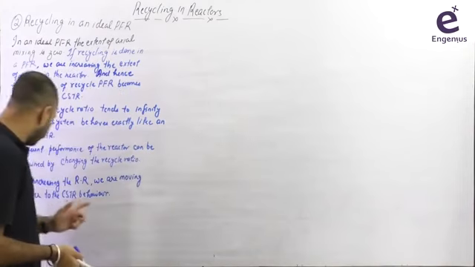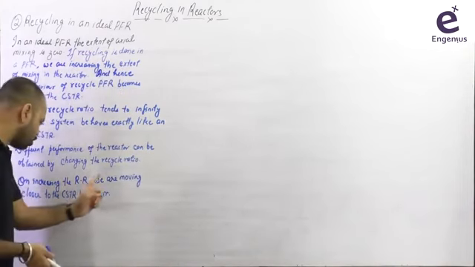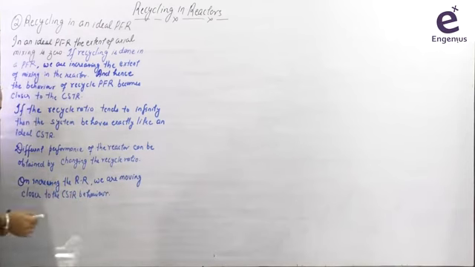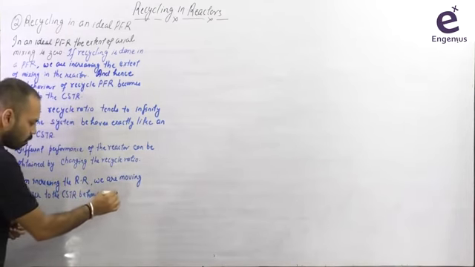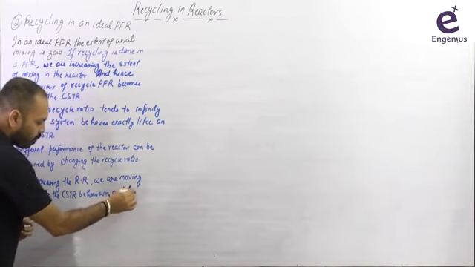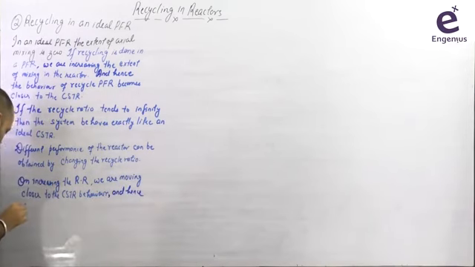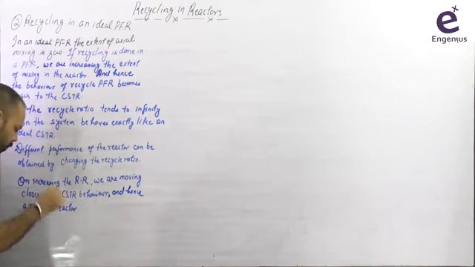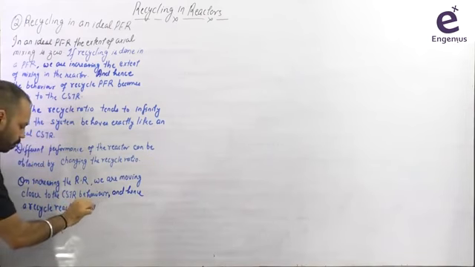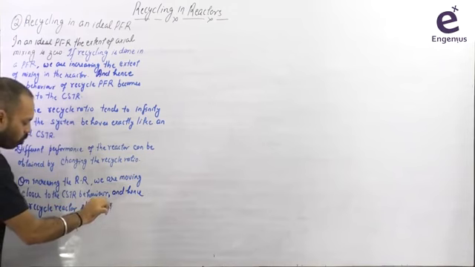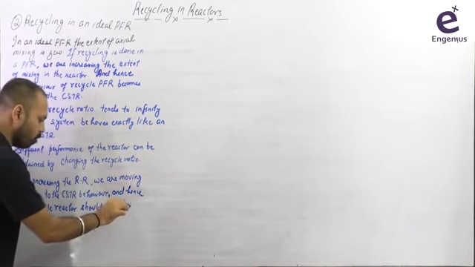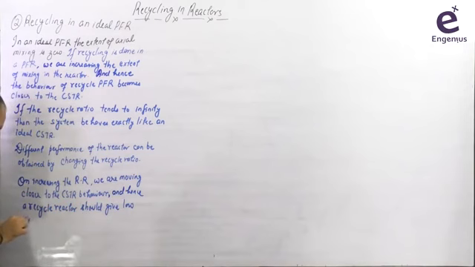It means if you are recycling, on increasing the recycle ratio, we are moving closer to the CSTR behavior, and hence a recycle reactor should give low conversion as compared to the PFR of the same volume.